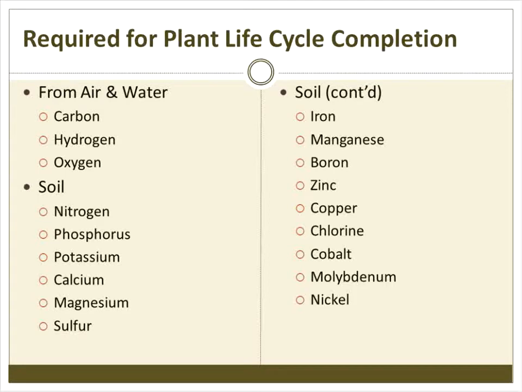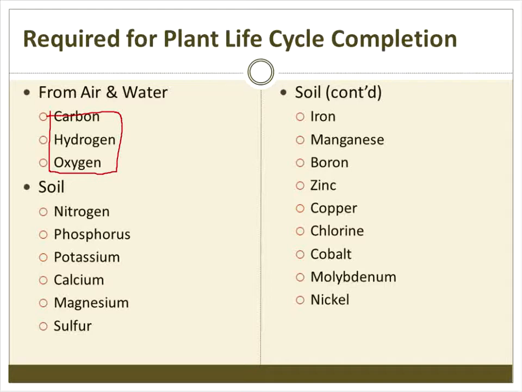So we can think about where these different nutrients come from, and what I want you to understand is that, other than the structural ones, carbon, hydrogen, and oxygen, which come from the air the plants breathe and the water they drink, everything else comes from the soil: nitrogen, phosphorus, potassium, calcium, magnesium, sulfur, iron, manganese, boron, zinc, copper, chlorine, cobalt, molybdenum, and nickel.